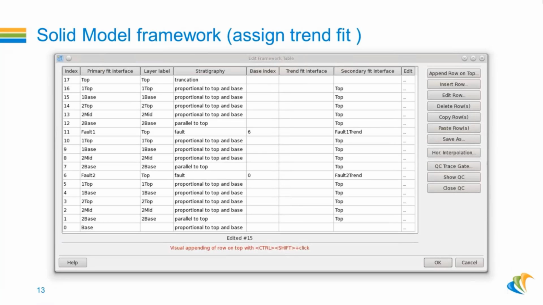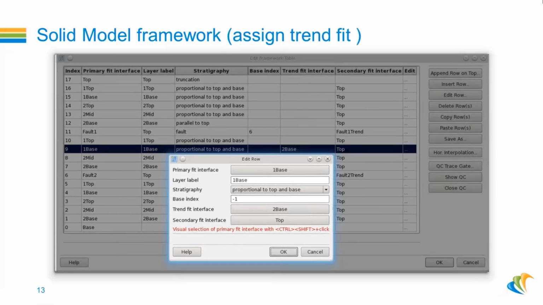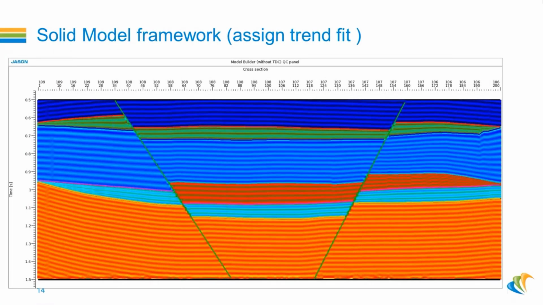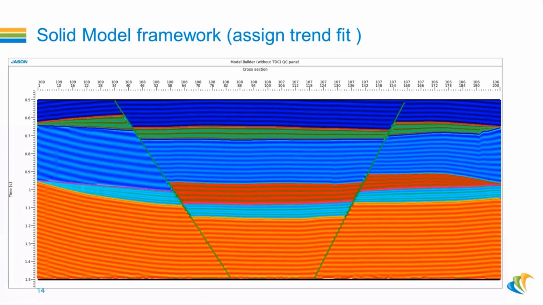Another example is where we assign a trend fit. So now I'm going to take the second fault block, the middle one, and I'm going to change the 1 base trend. So here now you can see the trend fit interface. I've changed it into the 2 base. And what that does is, this is what we started with, and watch the left-hand middle layer there, as I change the trend in that layer, you can change the shape or how the micro layers change.